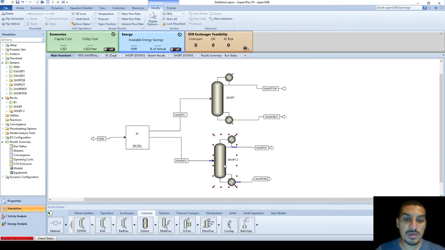But in this column, I'm doing the calculations the other way. So I'm defining the specifications of the column, and I'm getting the outputs that come from these inputs. So I'm giving the outputs of this column to this column, so that we know what kind of output we should expect.